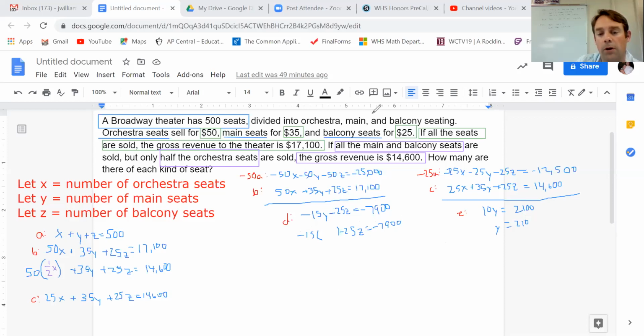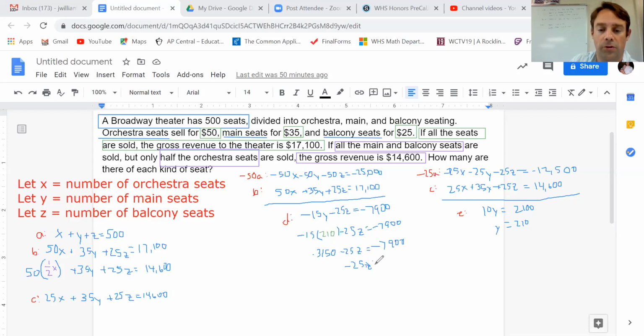We're going to put our 210 in for y and solve it. So negative 3,150 minus 25z equals negative 7,900. Add 3,150 to both sides, you get negative 25z.